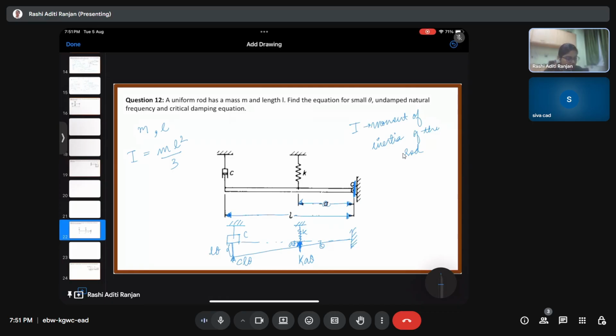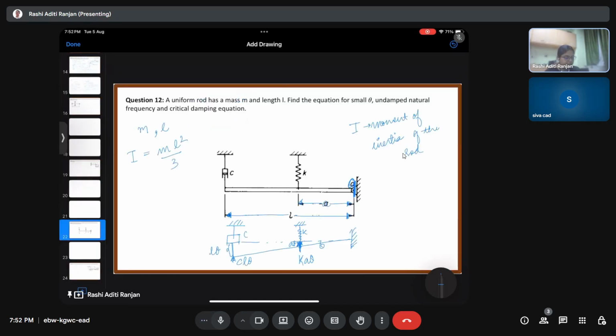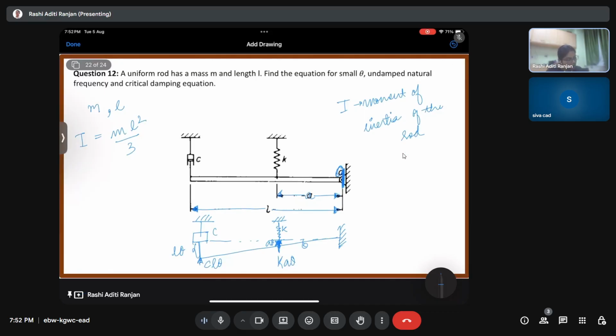So again, if we take the moment about this point, which is O, the summation of all the moments about O will be equal to I theta double dot. So we have I theta double dot is equal to, again, if you look over here, the rod is going like this, but the forces are acting in the upward direction.